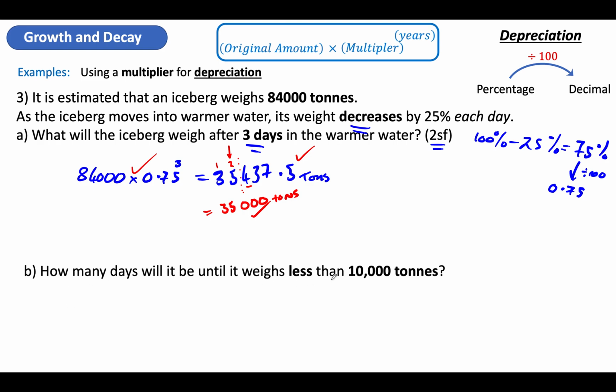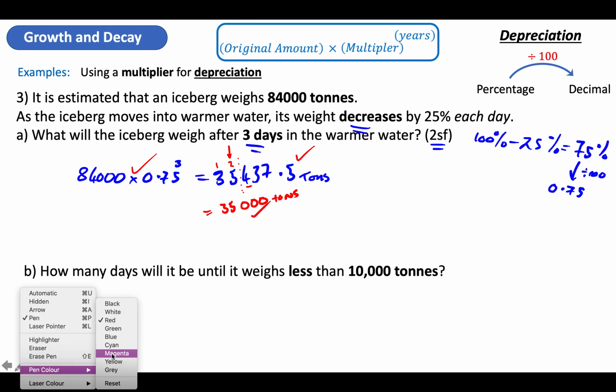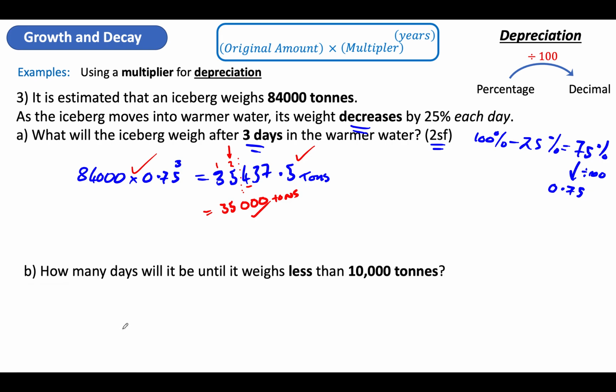How many days will it be until it weighs less than 10,000 tons? So this is just like that question at the beginning where it's how many years will it be until something costs more than a certain amount or is worth more than a certain amount. Here, I'm going to start with 84,000 and I'm going to times it by 0.75 and see what my answer is in my calculator.